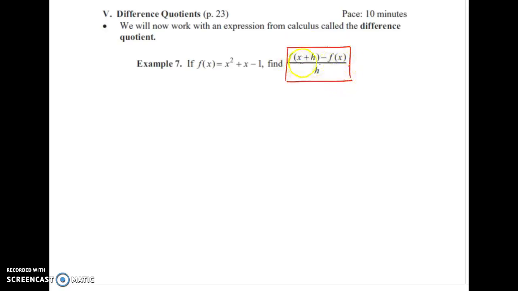It is a quotient, of course, of two things, but it's also a difference in the numerator of those two quantities. So if f of x equals this, x squared plus x minus 1, just a quadratic trinomial, 3 terms, degree of 2, we find the difference quotient. We do start with each respective piece, the first being f of x plus h, so we'll do that first.